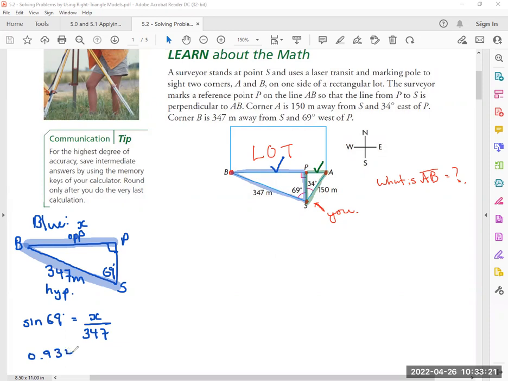I'm going to round it to 0.934, which is equal to X over 347. And therefore, my X is going to be a multiplication of 0.934 times 347.